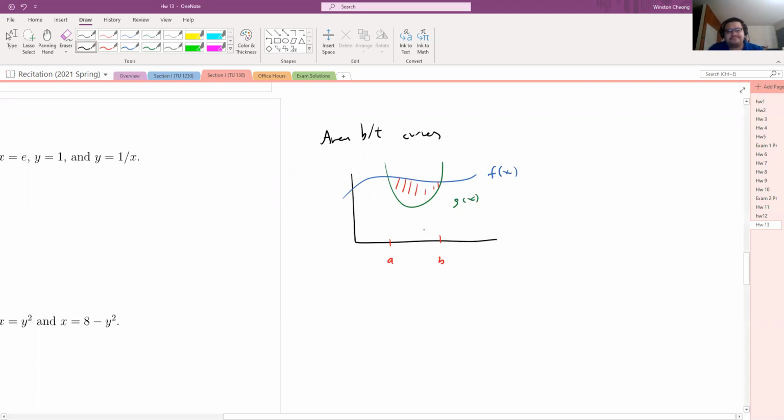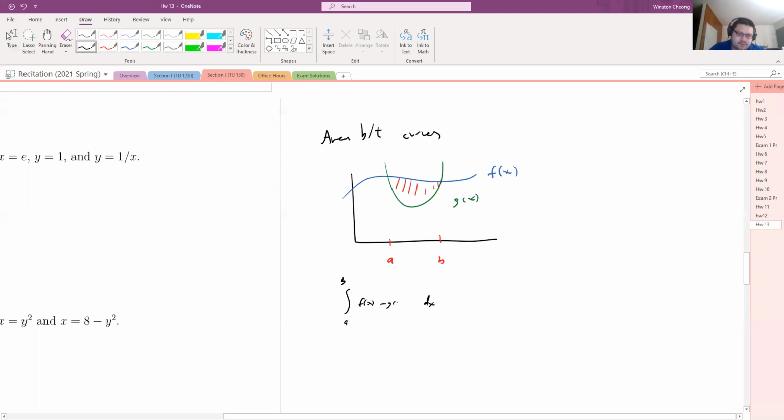So from something that looks like that, you could then define an integral that will compute the area. This integral would run from a to b if we integrate with respect to x, and it'll be the top function minus the bottom function.